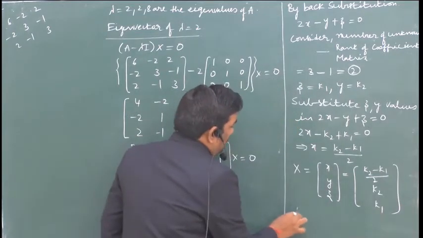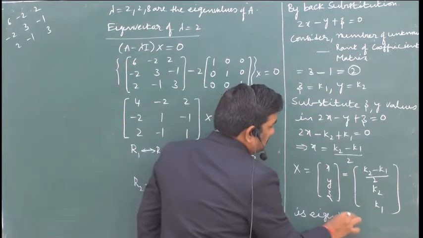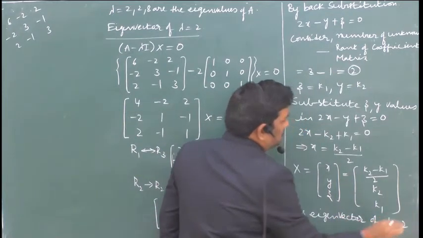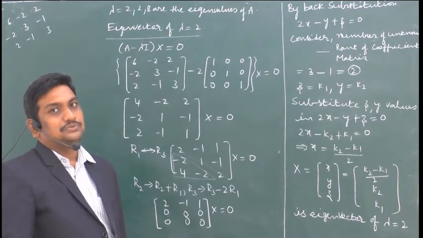This is the eigenvector of lambda equals to 2.